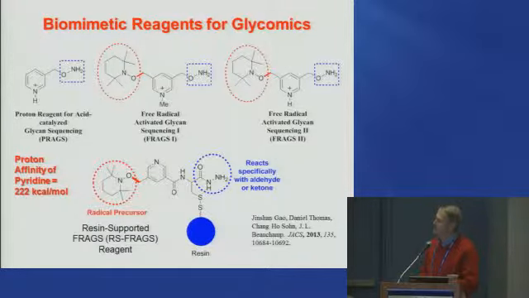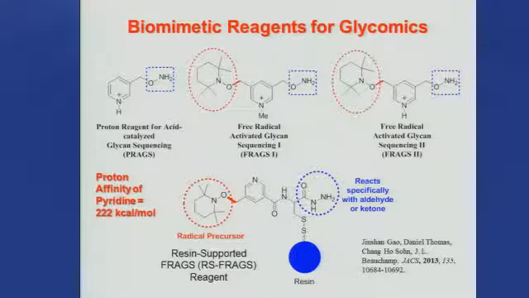And the reagent that actually does that, very simple, easy to synthesize, uses a functionality here that can specifically react with a carbonyl, so it will add to the open form of the reducing end of the glycan, and you attach an acidic functionality to it.